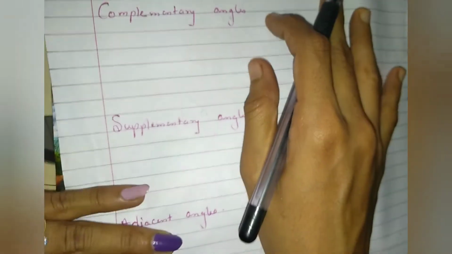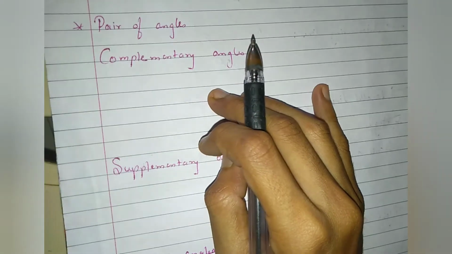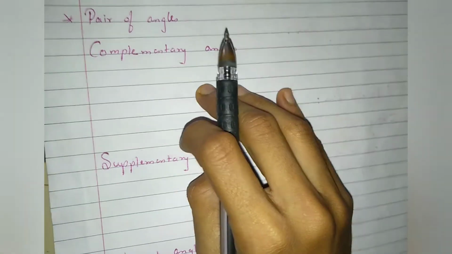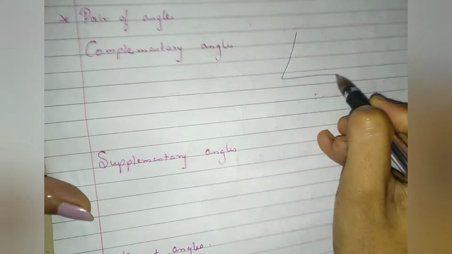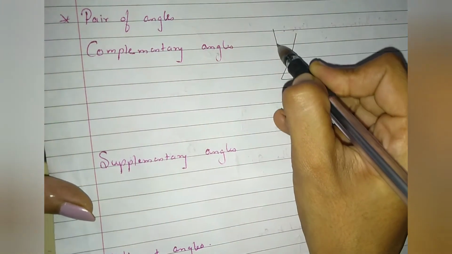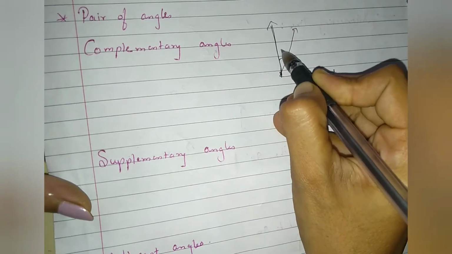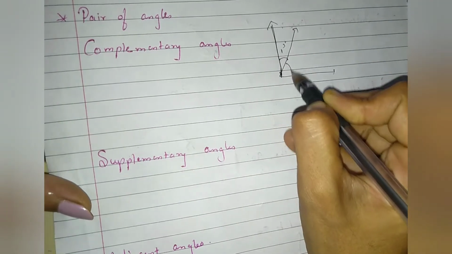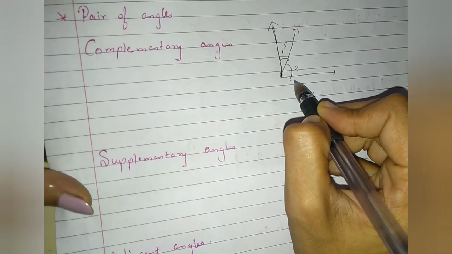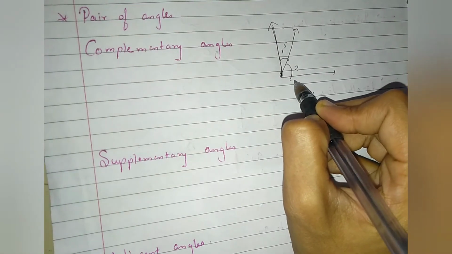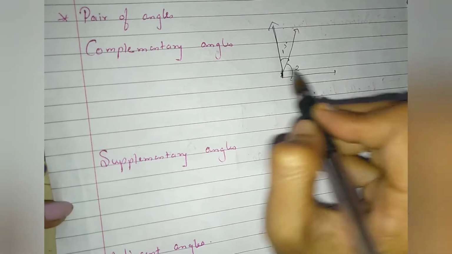Now another one, pair of angles. Now when can we say that this is a pair of angles? Now if you are given two angles like this way, your first angle and this is second, if you sum these, they are equal to 90 degrees. So how can it be possible?